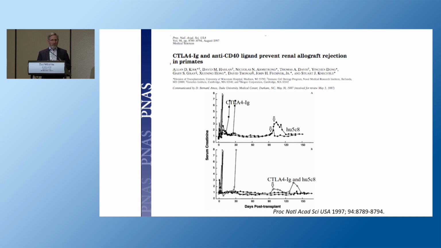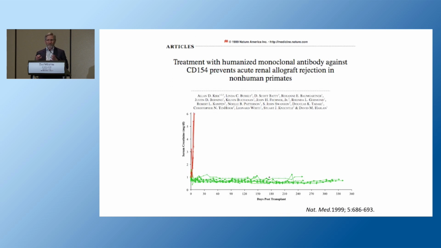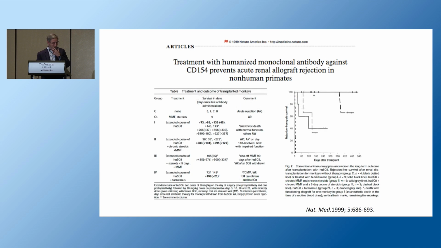This data works not just in mice, but in primates, and indeed in the primate, the CD154 pathway is much more powerful than the CD28 B7 pathway, at least when you're blocking the B7 side of things. But both of them are really quite effective.